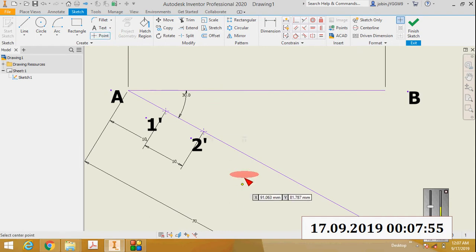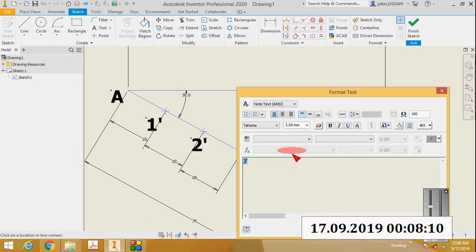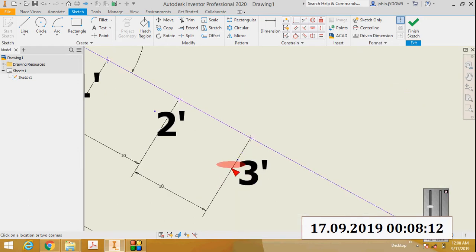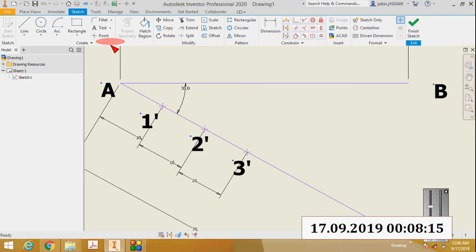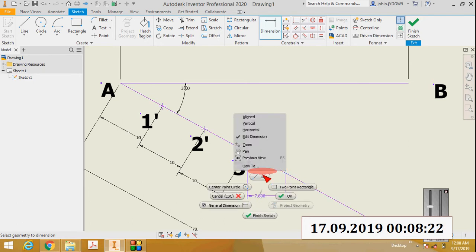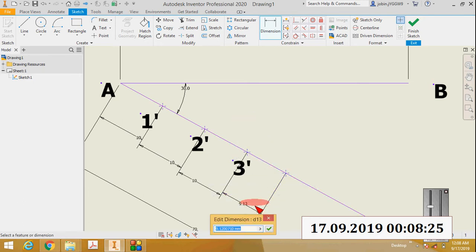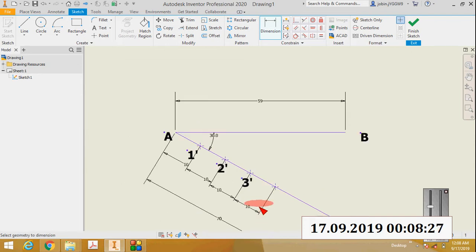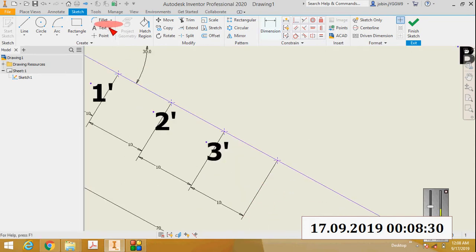Then mark another point here. This distance is 10 millimeter, and name this point as 3 dash. Similarly, mark 4 dash. So this distance is again 10 millimeter, and name this point as 4 dash.